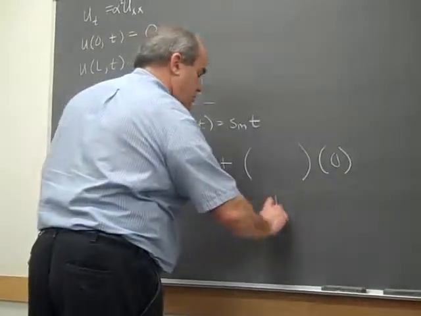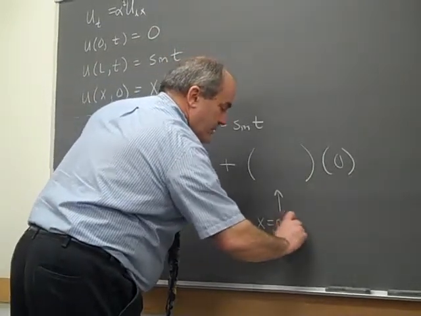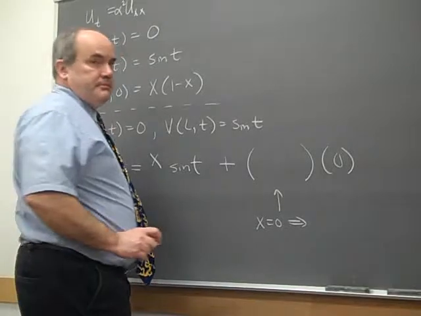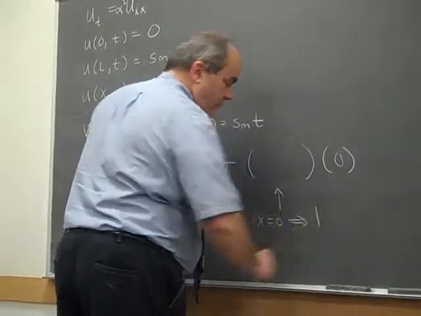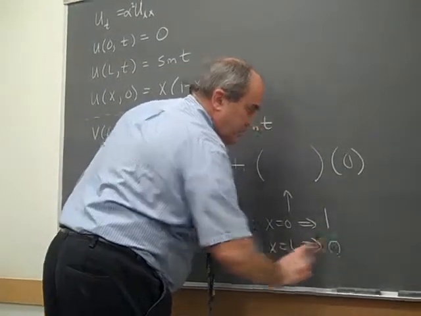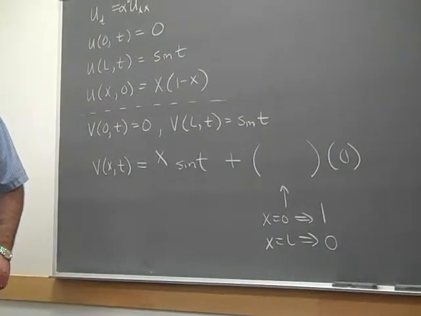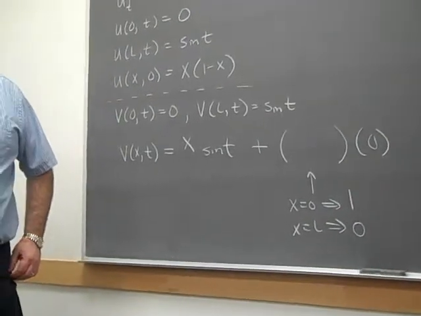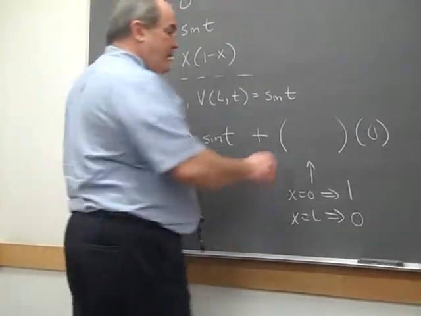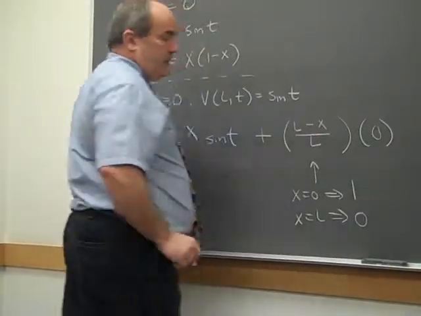So in this expression, when x is equal to 0, I want it to be equal to 1. But when x is equal to L, I want it to be equal to 0. So what expression would work? L minus x all over L? Yeah, L minus x over L would work.